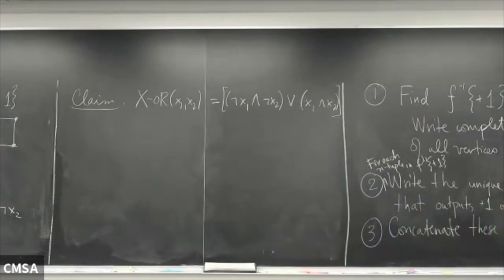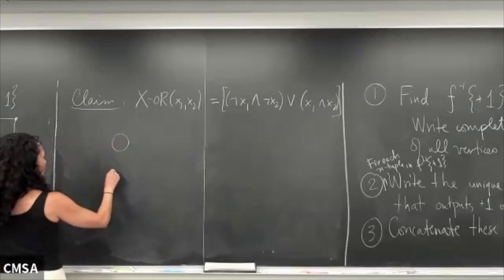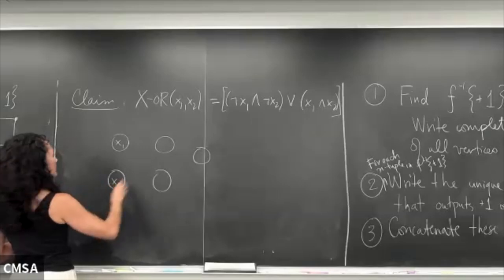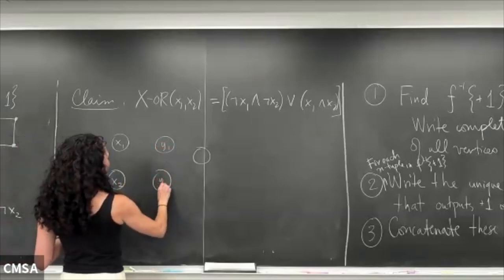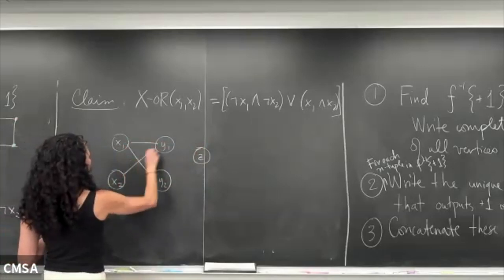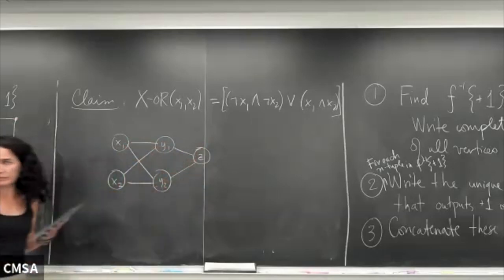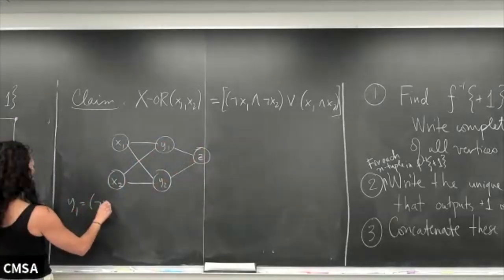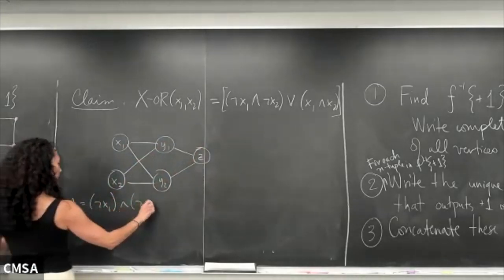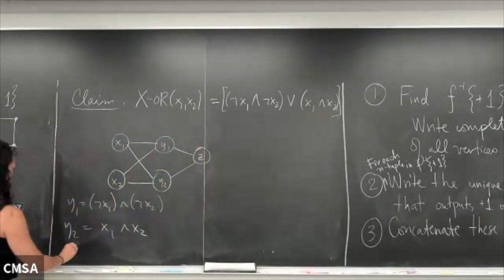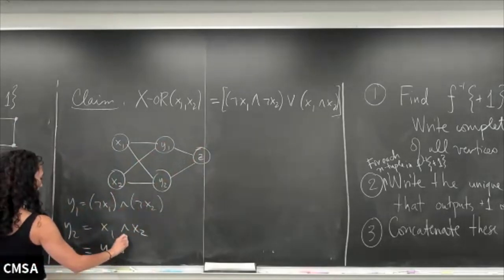Anyway, point being, you always have this representation. And what that tells you is that you have this sort of logical circuit, where y1 is this first, y2 is second, and z is y1 or y2.